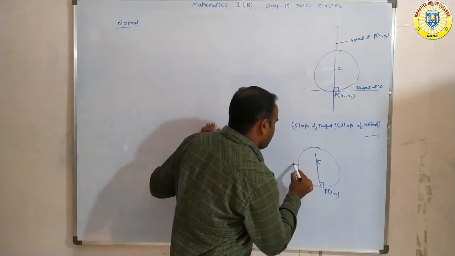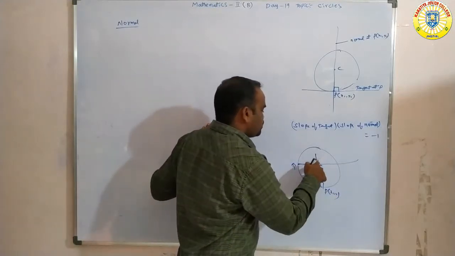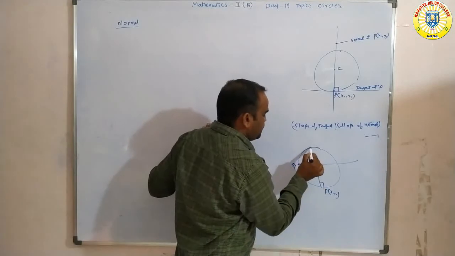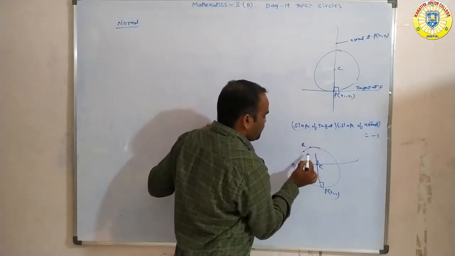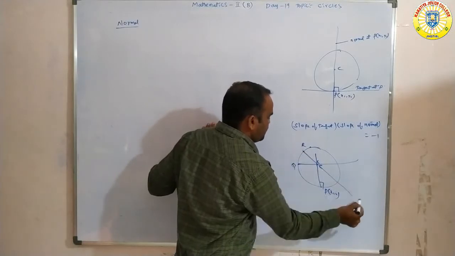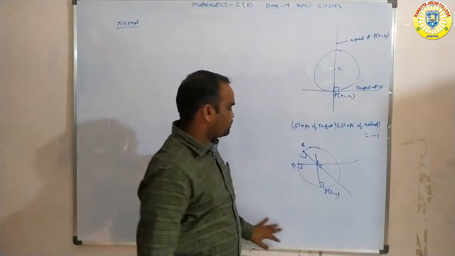Here also we are taking the point Q. At the point Q, we are drawing a perpendicular line. This one also passes through the center of the circle. Suppose here capital R is there. At the point R, we are drawing a perpendicular line. That line also passes through the center of the circle. Okay now.